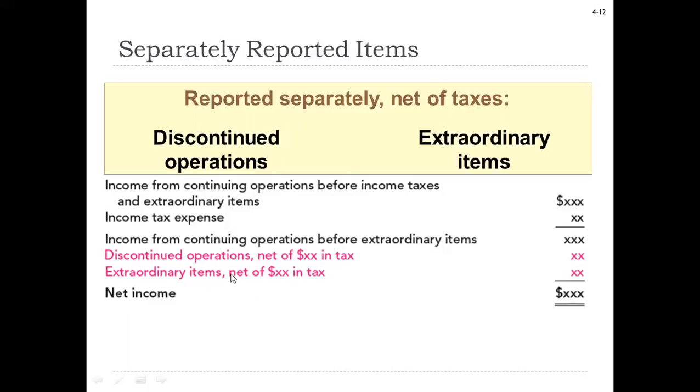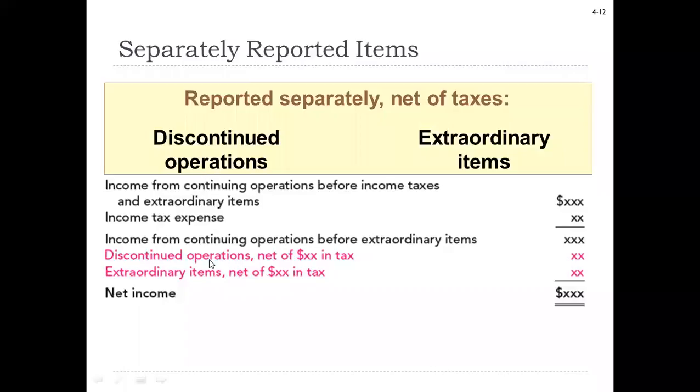And I think we'll talk about another slide, but whenever we present discontinued operations or extraordinary items, we show those net of the tax effect. So if we have a loss, we offset that loss with tax benefits.